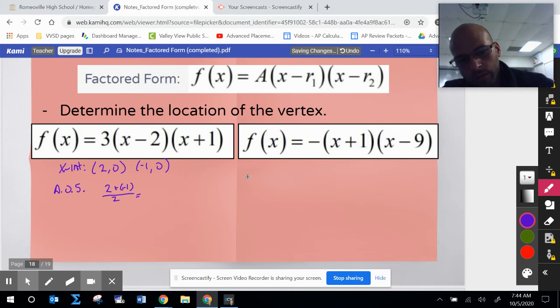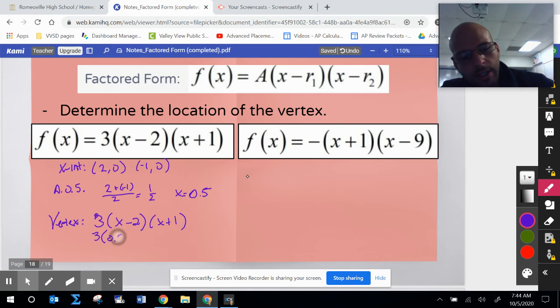So that was 1 over 2, or x equals 0.5. We did that on the last slide. To find the vertex, we are going to substitute that axis of symmetry into my problem. So my function was this, and I'm going to substitute.